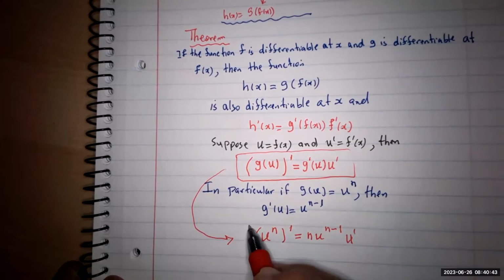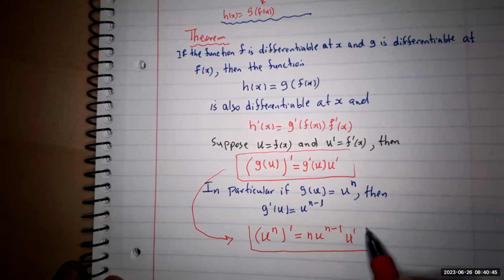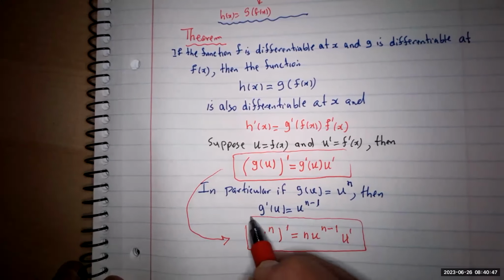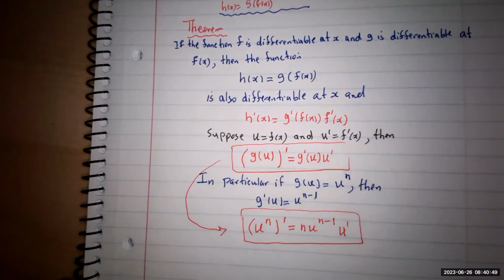You see, that is the famous special case of the chain rule that we're going to use throughout this course. It's just like the power rule. Remember the derivative of x to the n is n x to the n minus 1.